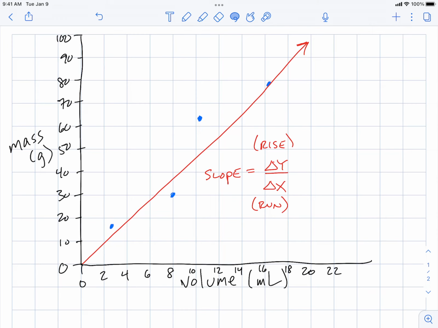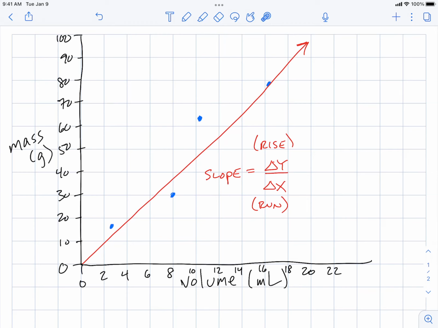So let's say we picked this point here. My y value is 40, and I would have to maybe estimate how much this is. If we thought that it was around, I don't know, 8.5, 8.7, something like that.